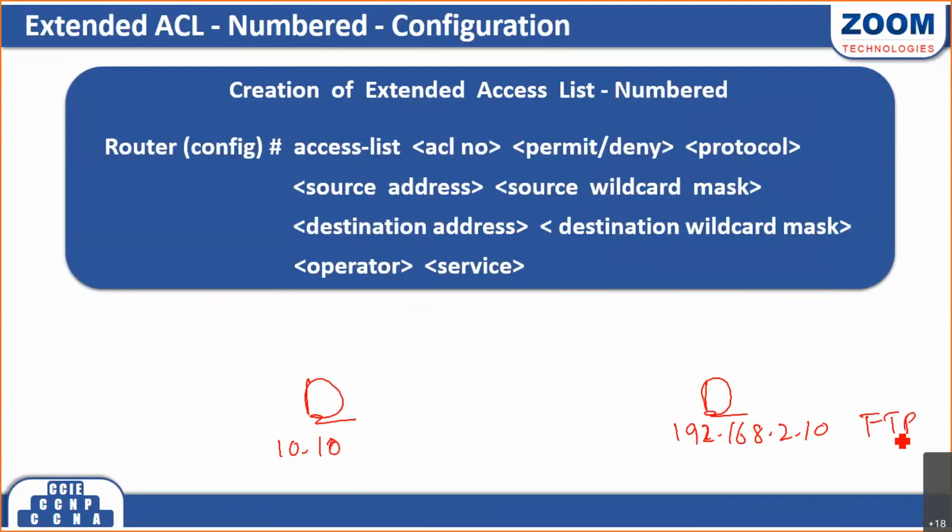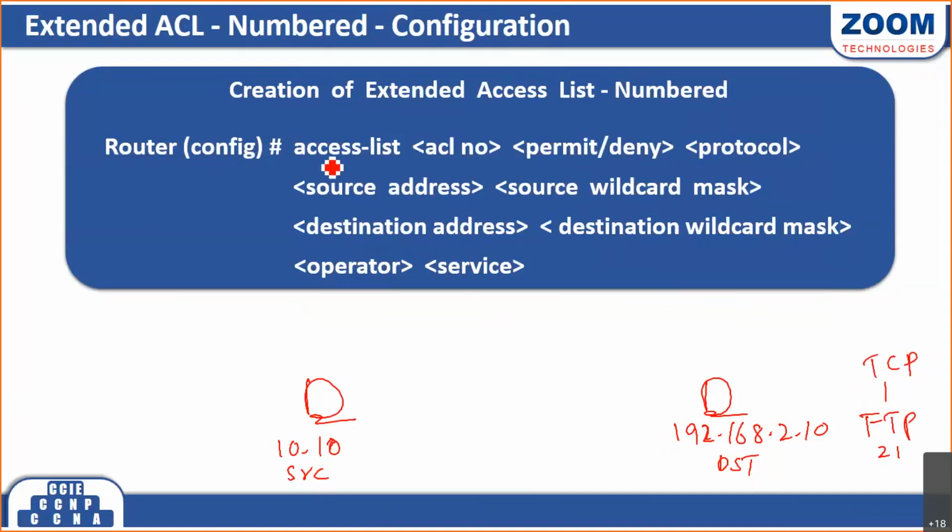Which one is the source and which one is the destination? 10.10 source, 2.10 is destination. Service is FTP, port number 21. So FTP comes under which protocol? TCP protocol or UDP protocol? FTP is a TCP service, right?